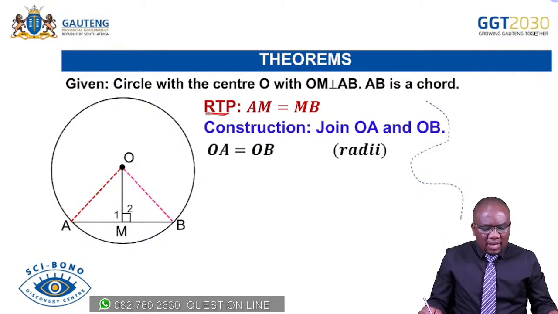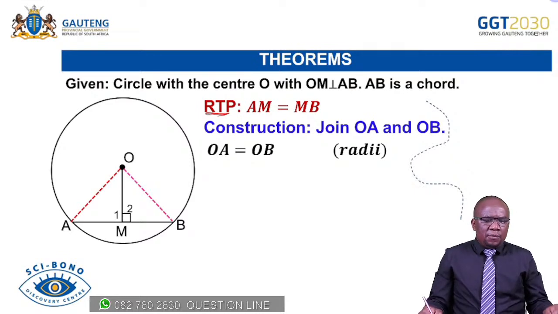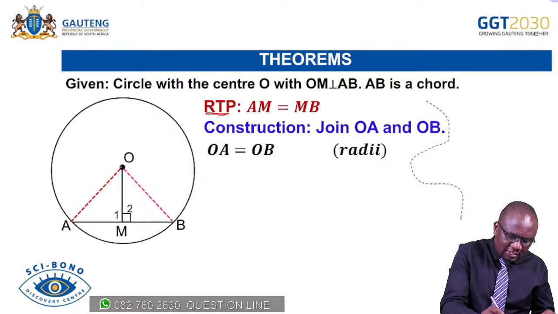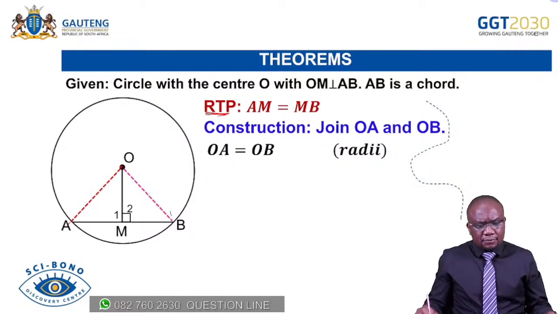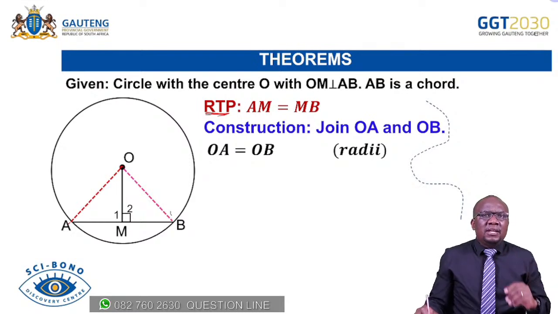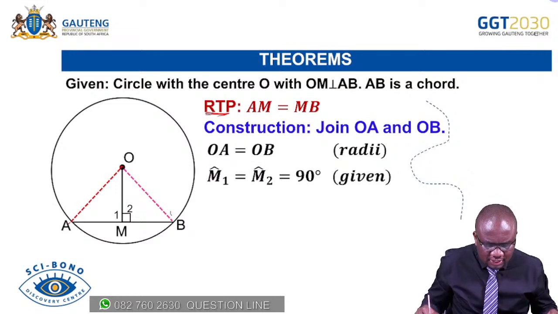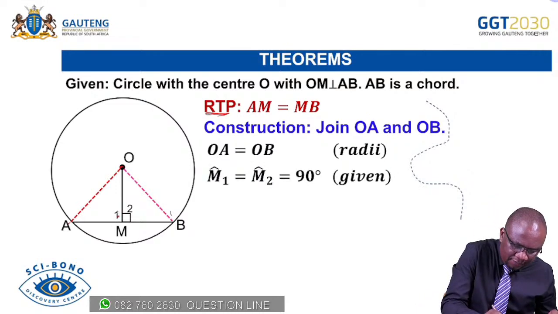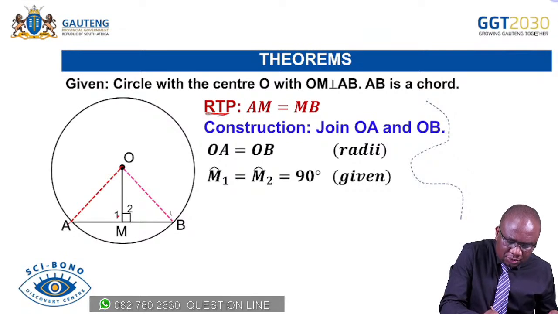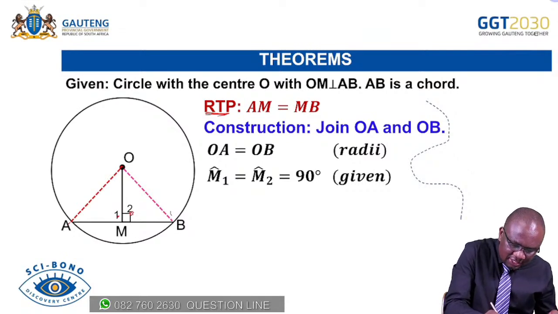So we have OA is equal to OB, radii. Remember, this is the center, from here to there, and from there to there. It's the same distance. So OA, OB, they are equal, radii, side. And then angle M1, which is this angle here, is equal to angle M2, because this is 90 degrees.